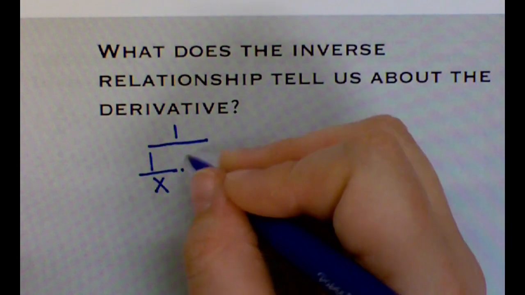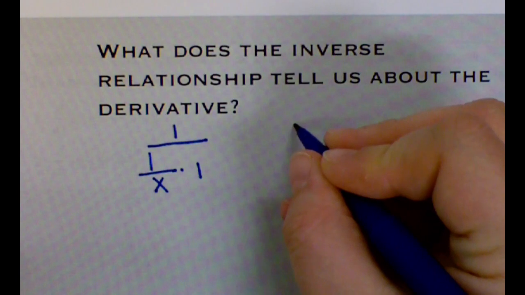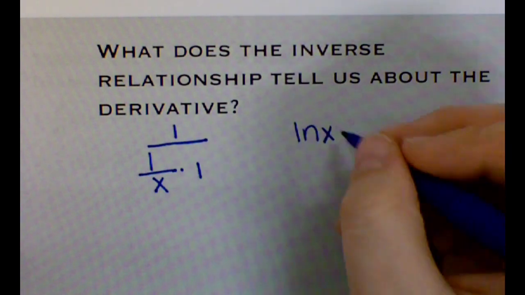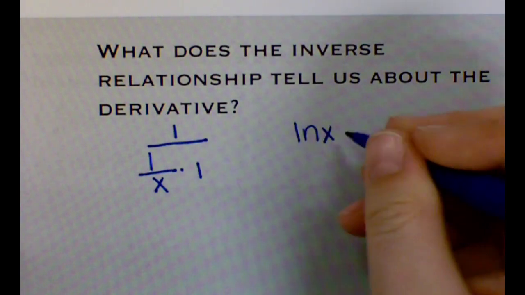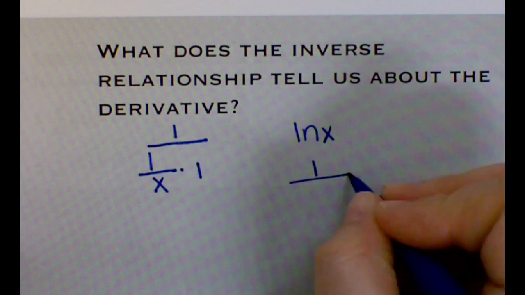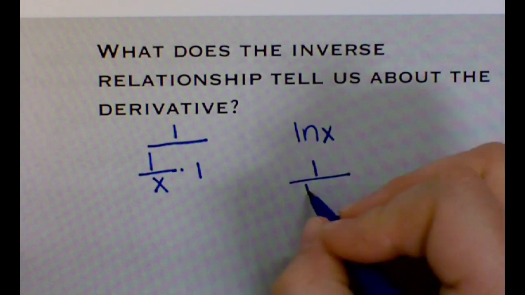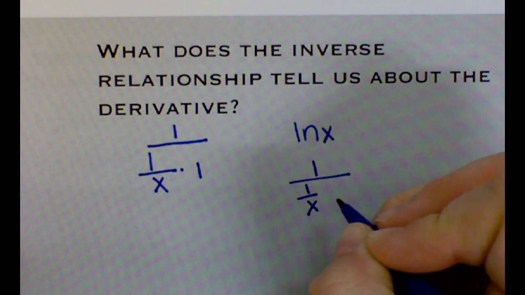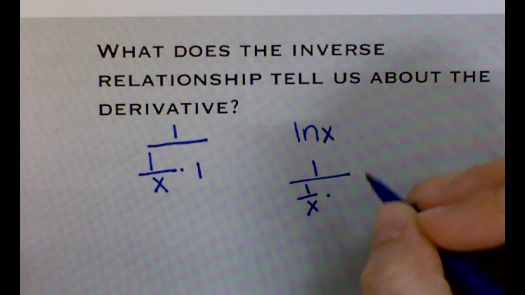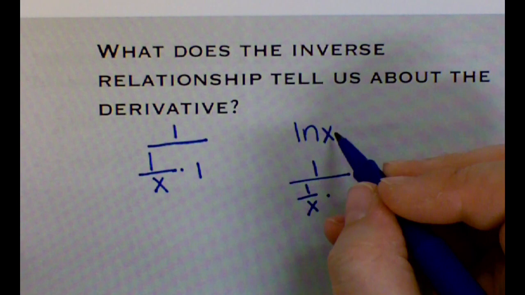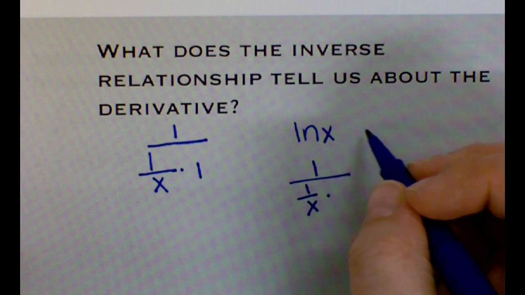The derivative of ln of x, its inverse, is 1 over the derivative of this, which is 1 over x, times the inverse evaluated at y.